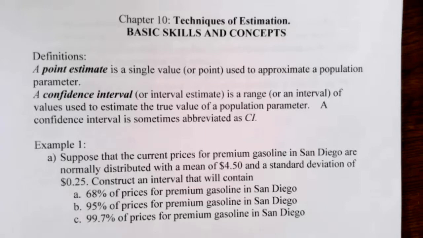Okay, so I would like to start with an example. Let's say I have a friend who lives, I don't know, maybe in Texas, and she wants to come to San Diego, and she wants to know the prices of gas in San Diego because she has a big truck. So I have two options.